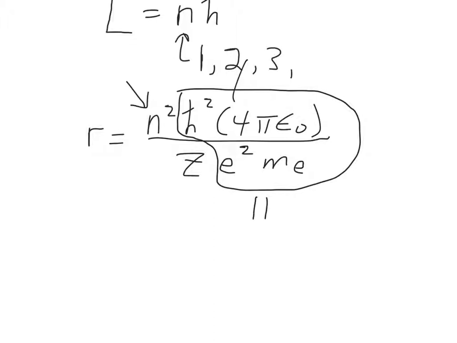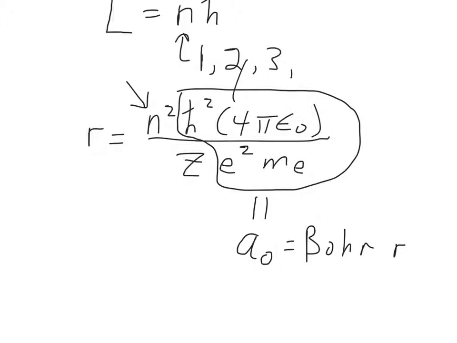And this shows up quite a bit, and it is universally called a0, a particular length about equal to half an angstrom, and that is called the Bohr radius.